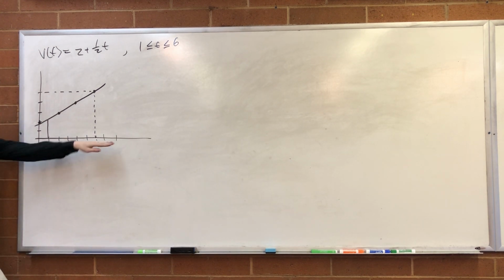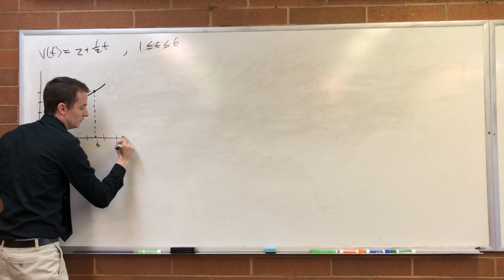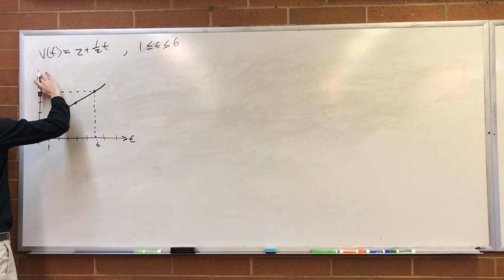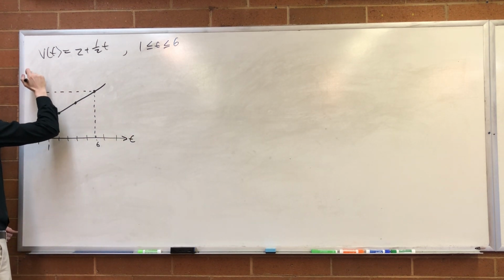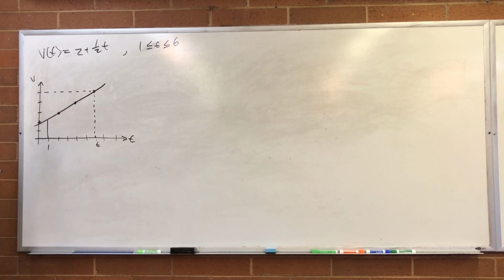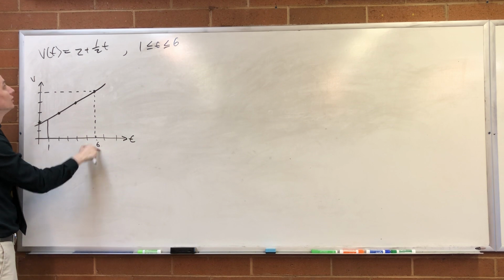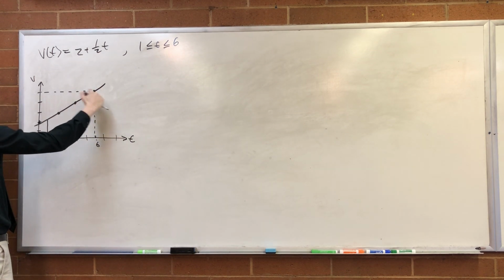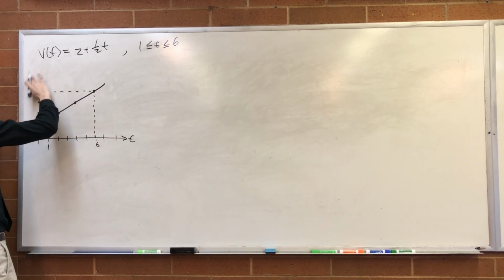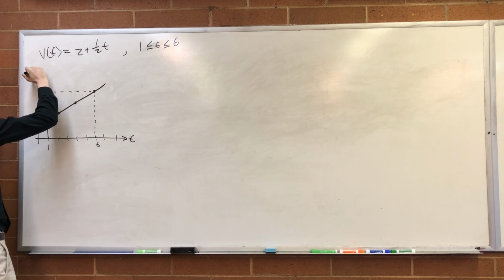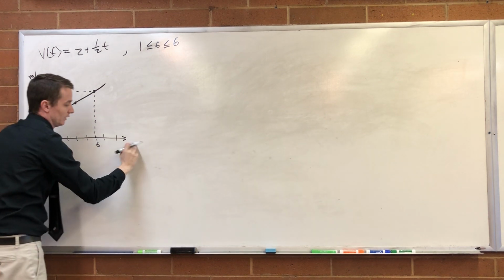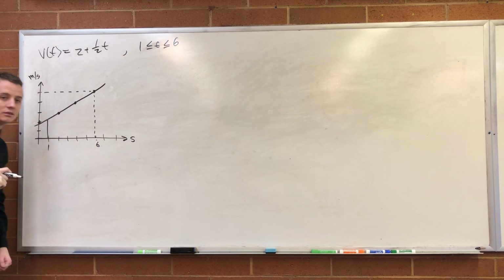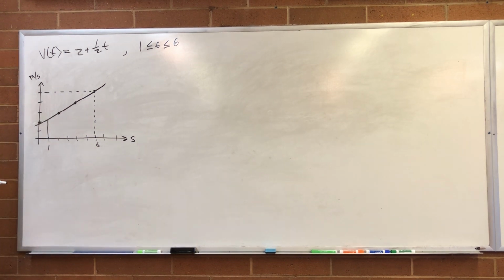Now, this axis right here is time, and this axis right here is your velocity. So how fast am I going at 6 seconds? I'm going 5 meters per second. So this is meters per second, and this right here is seconds. Does that make sense?